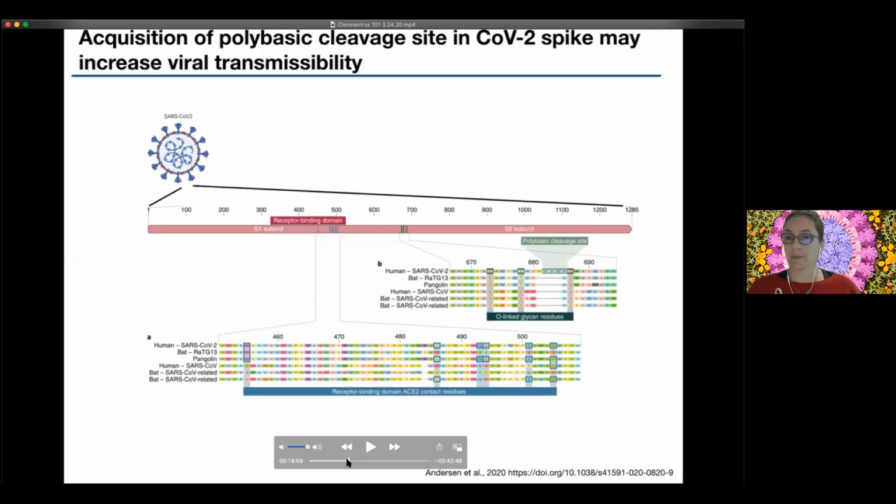But there are some things that are different. And so where you see those differences, you think they might help you understand why this virus causes the particular type of disease that it does as compared with, for instance, SARS and MERS. So I'm not aware of the functional significance of this polybasic cleavage site. It's just known that it exists, and it's a unique feature that I think scientists, virologists are looking at more closely.